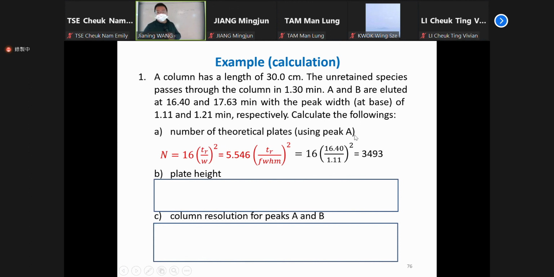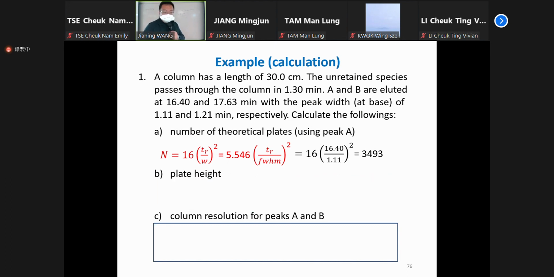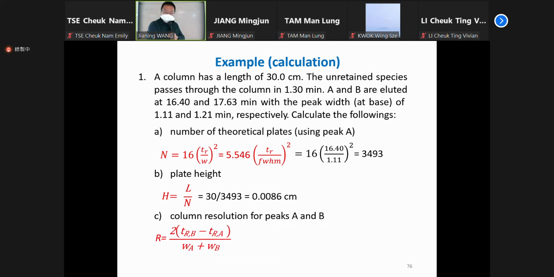Here we apply tRA, using peak A. Then the plate height is quite easy, right? We already have the column length, so we can calculate the plate height H. Now we can calculate column resolution using this definition formula, right?